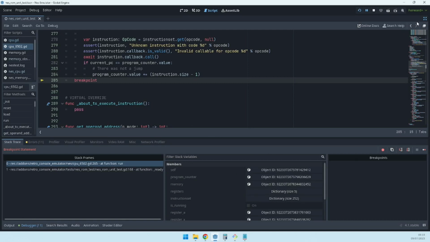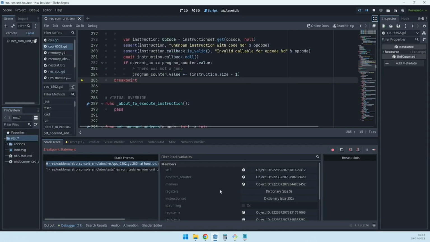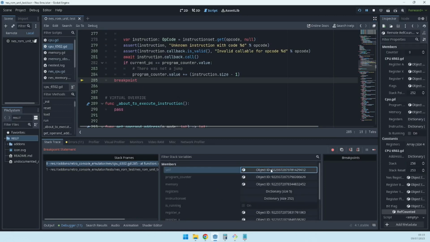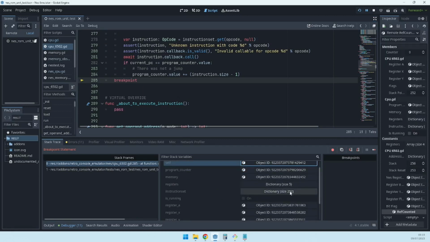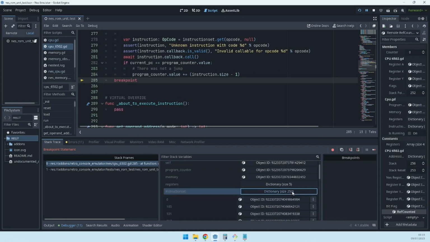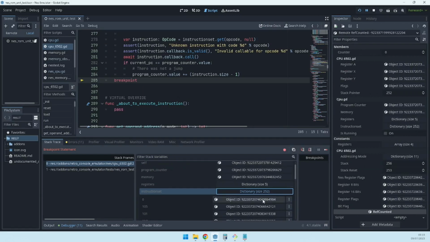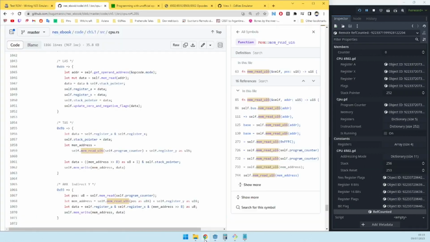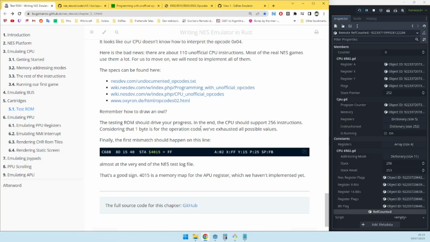Okay, we are in the CPU and I want to see the instruction set. 252 instructions. So there are a couple of ones that we skipped because I did not know how to do them.